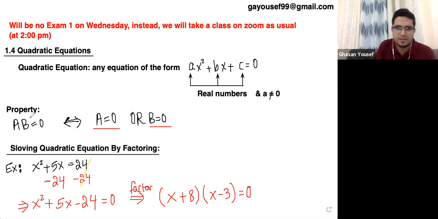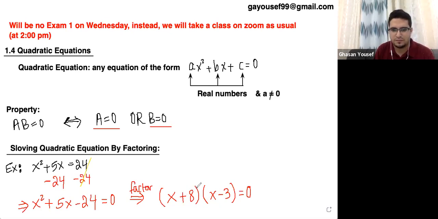Now, using this property: if I have two expressions, a times b equals 0, this implies a equals 0, or the second term equals 0. So I'm going to use this property to solve this.